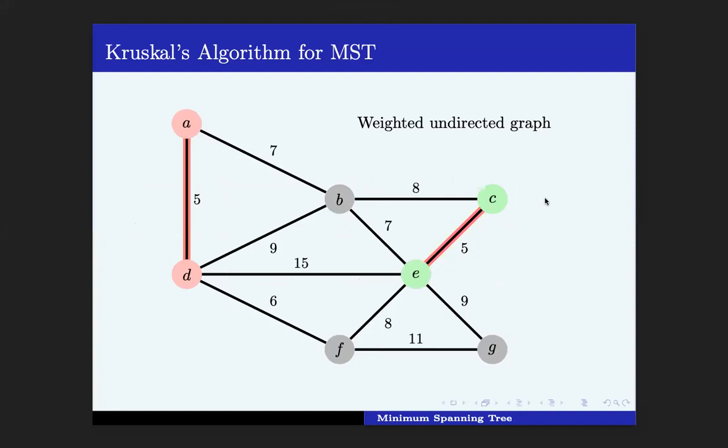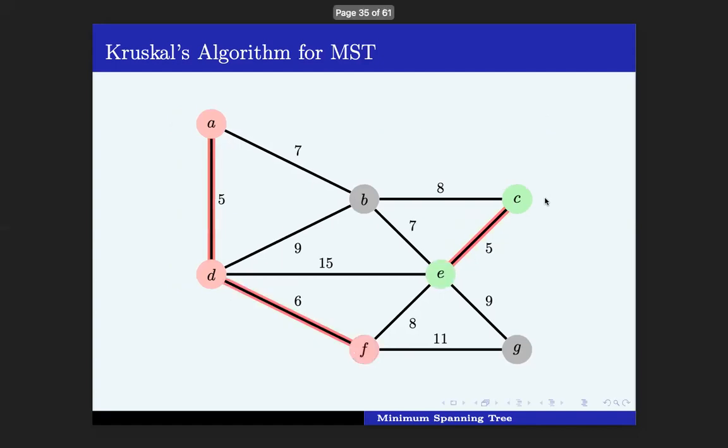What is the next minimum? It's DF, so I take DF. What is the next minimum I should pick? Maybe AB, that's 7. What is the next one? BE, I pick this one.